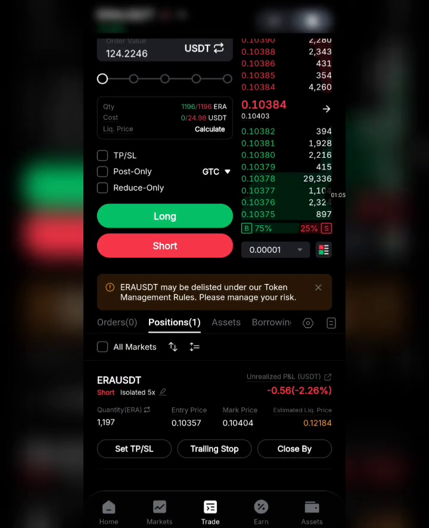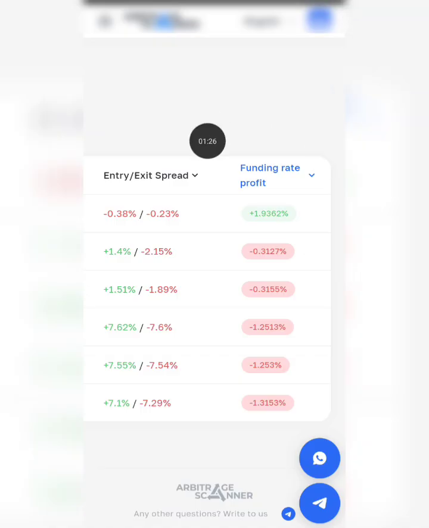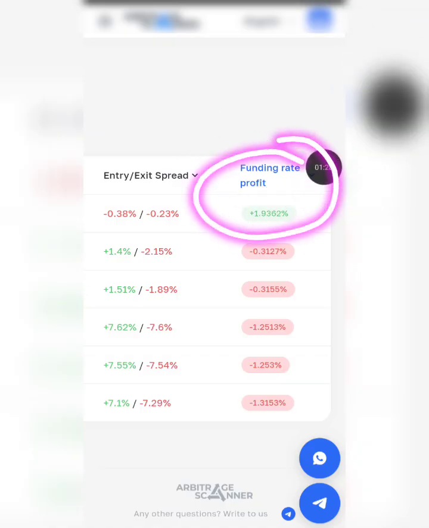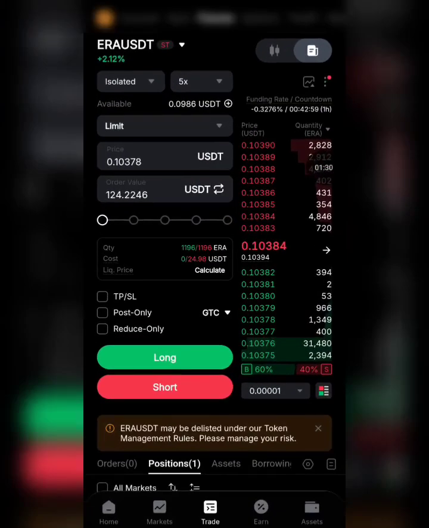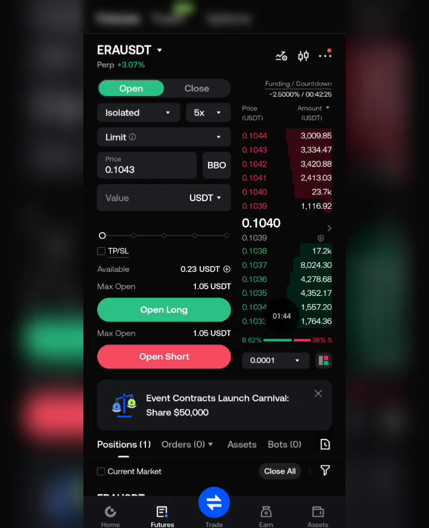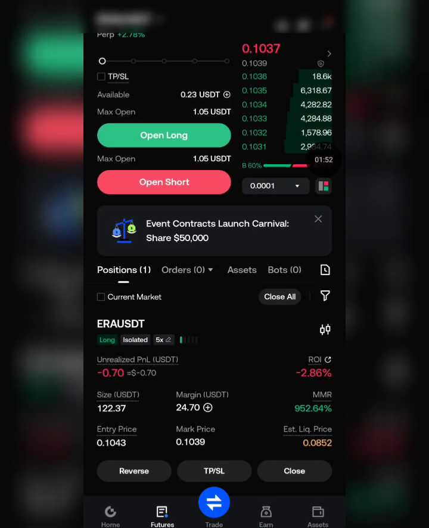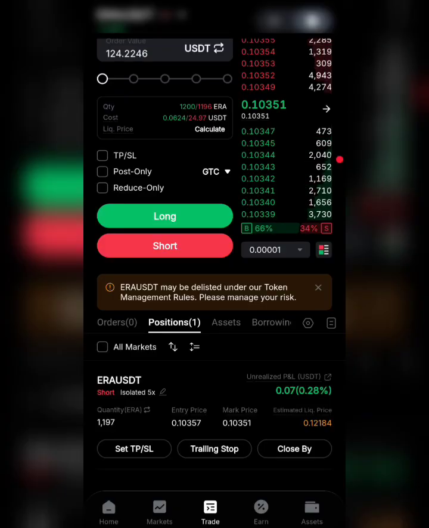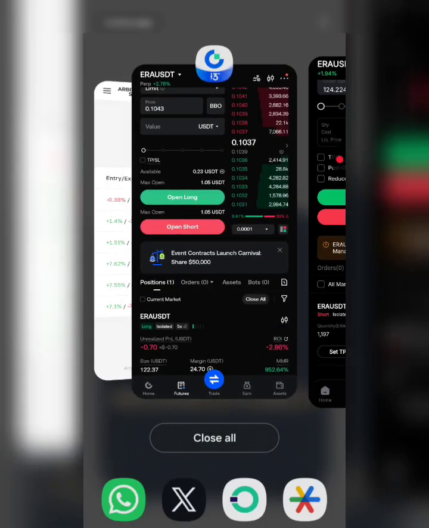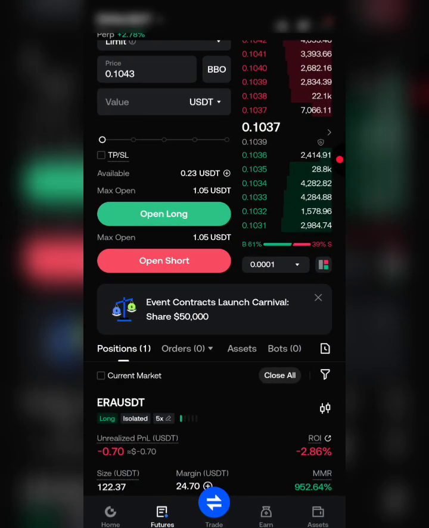That's basically how it is. But because I also want to take advantage of the funding rate profit here, I can leave those positions open so that whenever this countdown finishes, I'm going to get about 2.5% funding rate for the long position that I opened. So I'm just going to give the two trades some time to continue, and as you can see, the trades are covering up for each other just in case.